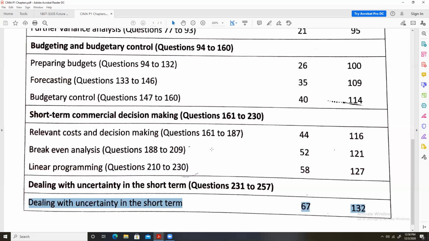The problem in this chapter comes where you may find questions of joint probabilities. Make sure that you get a good understanding of joint probabilities. And last but not least, the decision tree. The decision tree in this chapter may cause some problems.